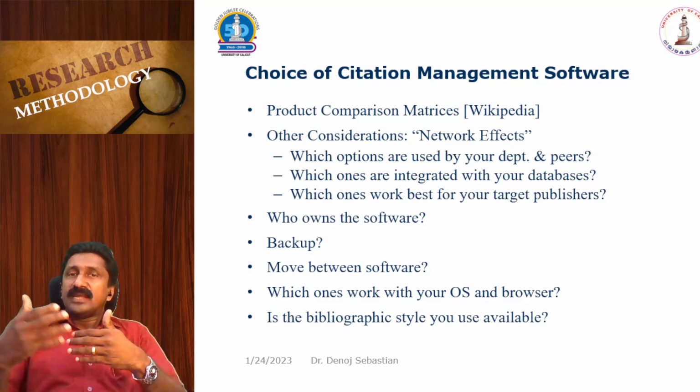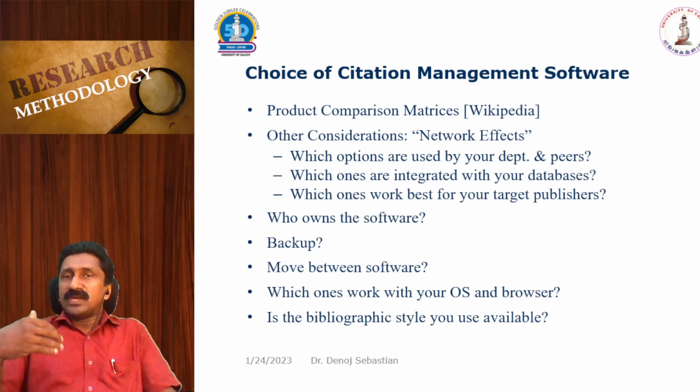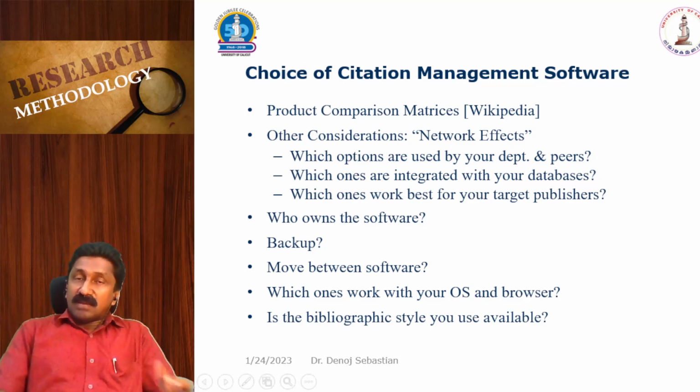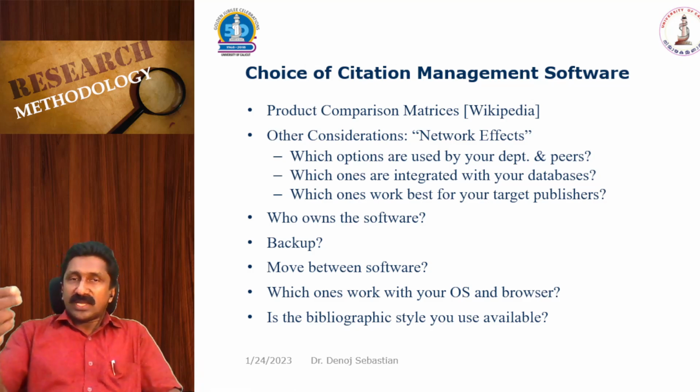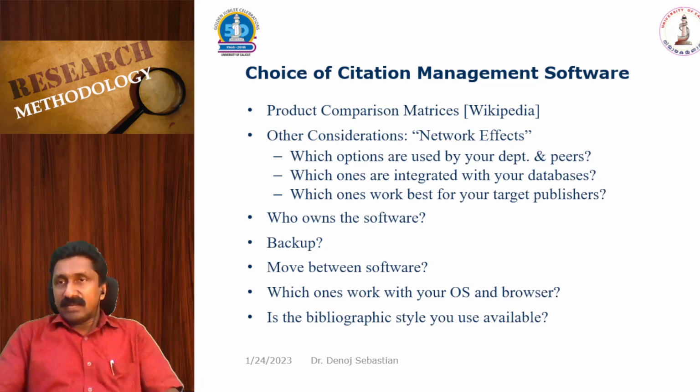Which ones are integrated to your database, and which one works better for your target publishers. For example, some publishers may provide a style sheet or a reference style sheet which you can simply download, and using that style sheet you can format. But maybe Mendeley or Zotero may provide a lot of style templates for their own journal articles.